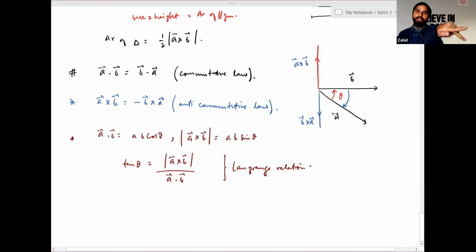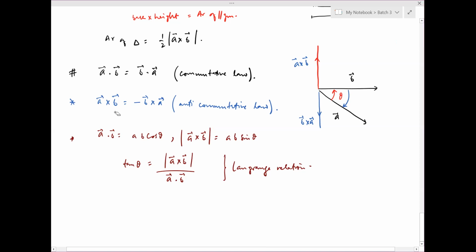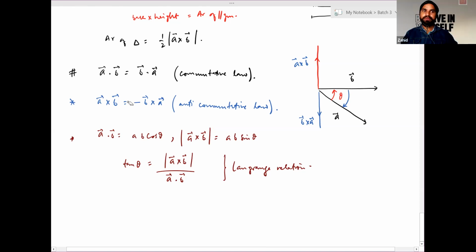So the thumb will point vertically upward if you use your finger. But if you move from B cross A, your thumb will define the downward direction. Is it clear? That's why A cross B is opposite of B cross A. That's why I have put a negative sign here, which means it obeys the anti-commutative law.